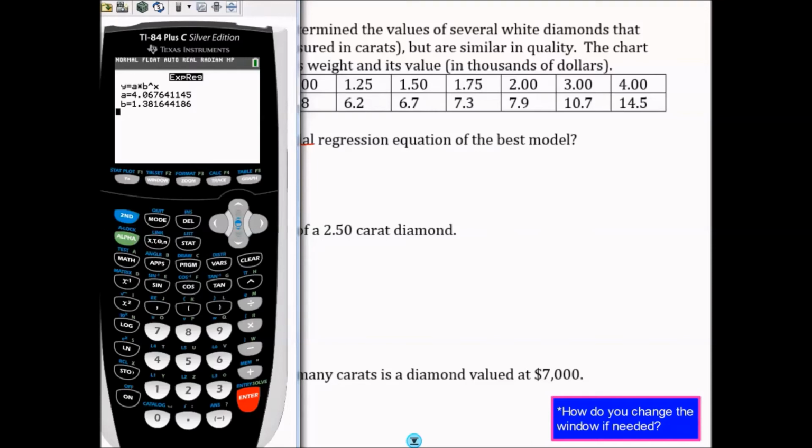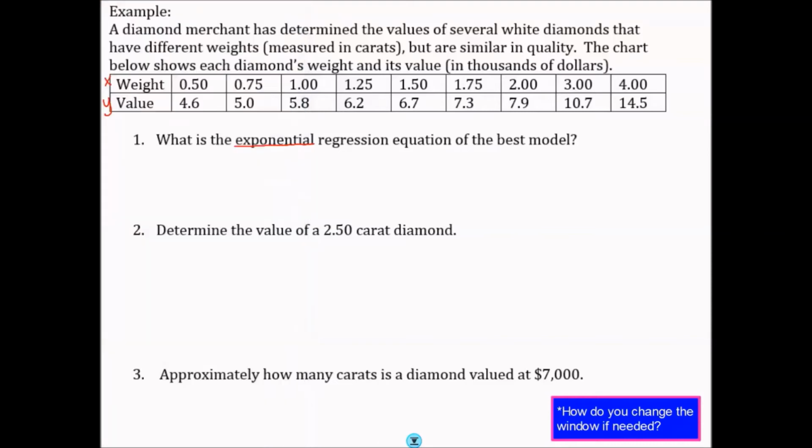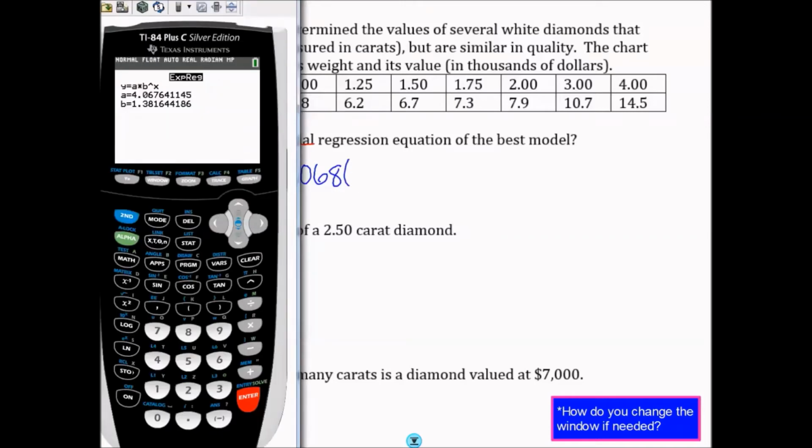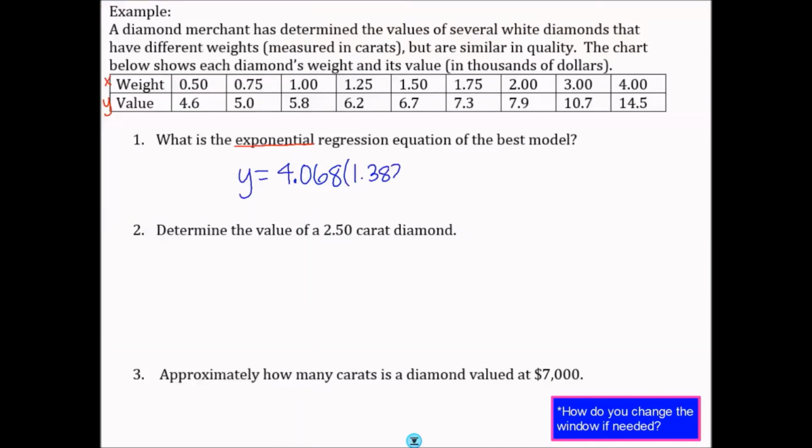So we're going to round to 3 decimal places for all of these regression problems. So we're going to go ahead and write down our equation, which will be y equals 4.068 times b, which is 1.382 to the x.